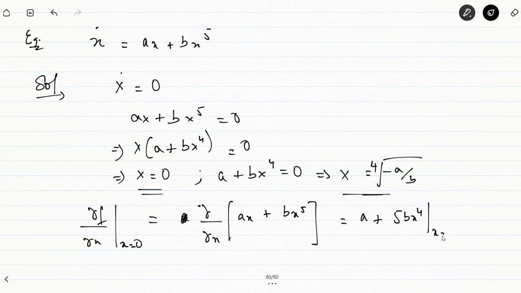Substituting x equal to 0 here, we'll be left with a only. So that means A is equal to a, that means x dot is equal to a times x. So this is our linear approximate of our system, that was ax plus bx^5.